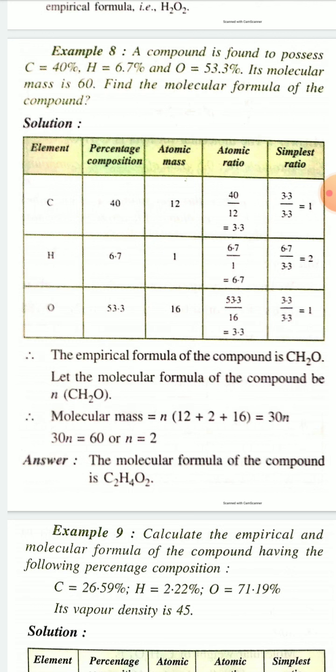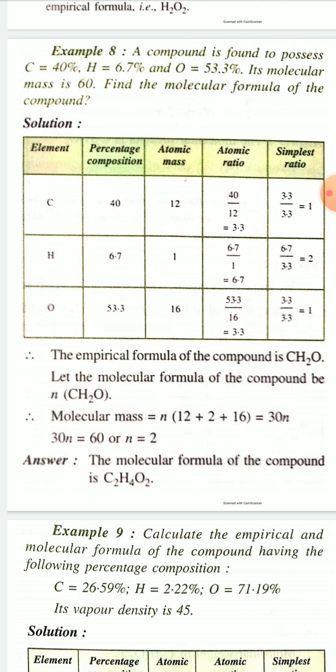And now we have to find out the simplest ratio. So atomic ratio of carbon is 3.3, hydrogen is 6.7 and oxygen is 3.3. Now we have to divide all the values of atomic ratio by the smallest value. The smallest value among 3.3, 6.7 and 3.3 is 3.3.